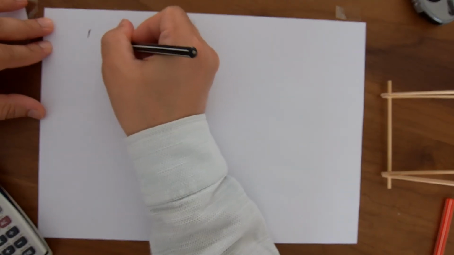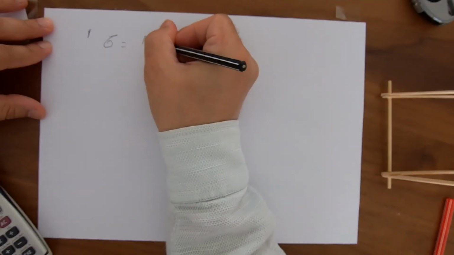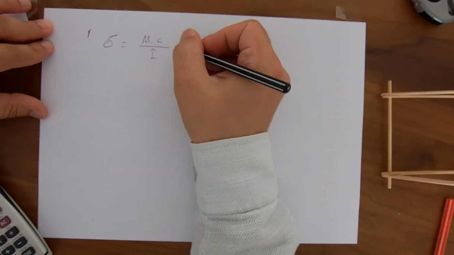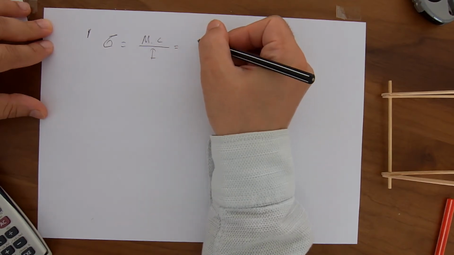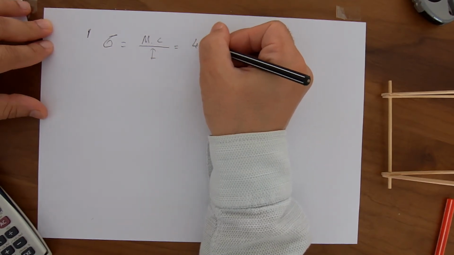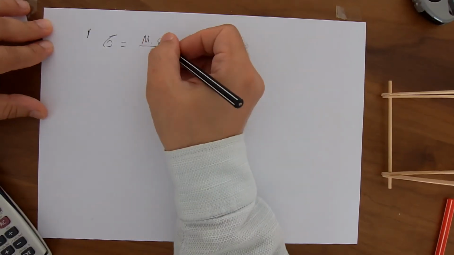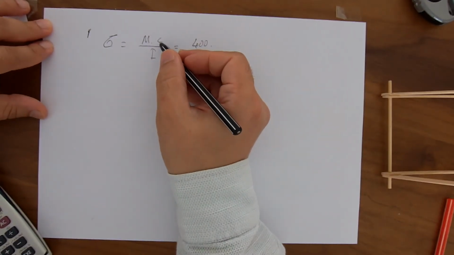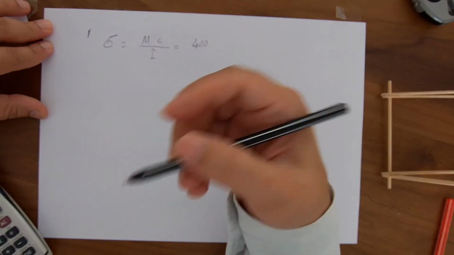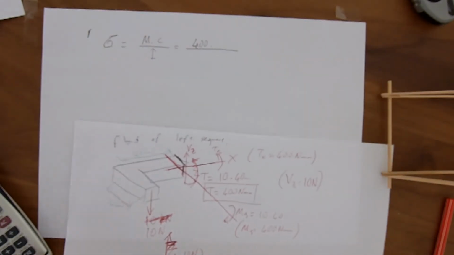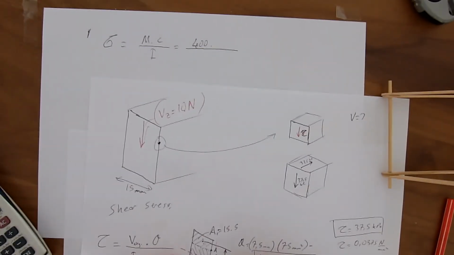Sigma is equal to M times c over I. M is the moment acting on the section. We determined it as 400. C is the distance of the point of interest to the neutral axis. So you remember the distance between the neutral axis and A is 5.